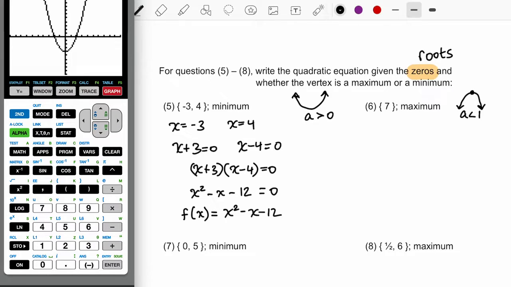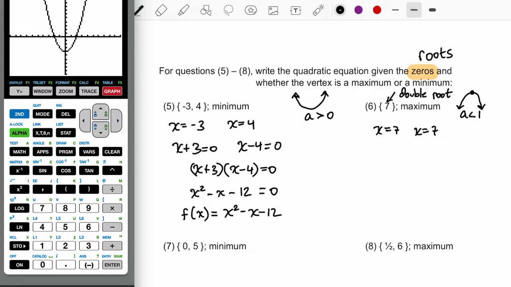All right, but if I know my roots, you can kind of think of it both ways. Is x is equal to 7? I would write that twice because this is a double root. All right, we don't just have x is equal to one number.